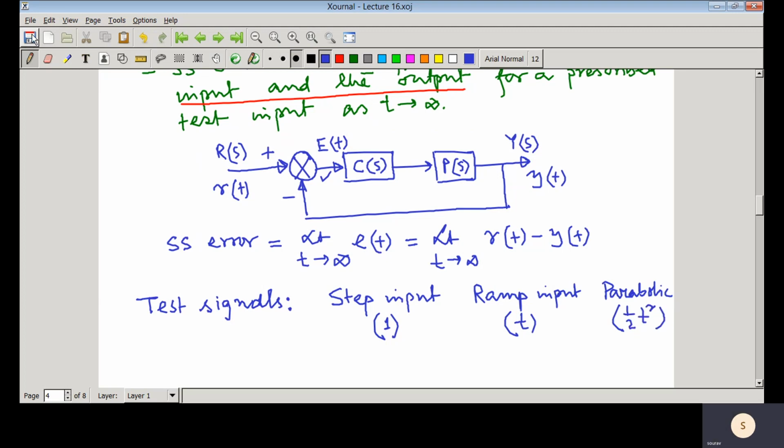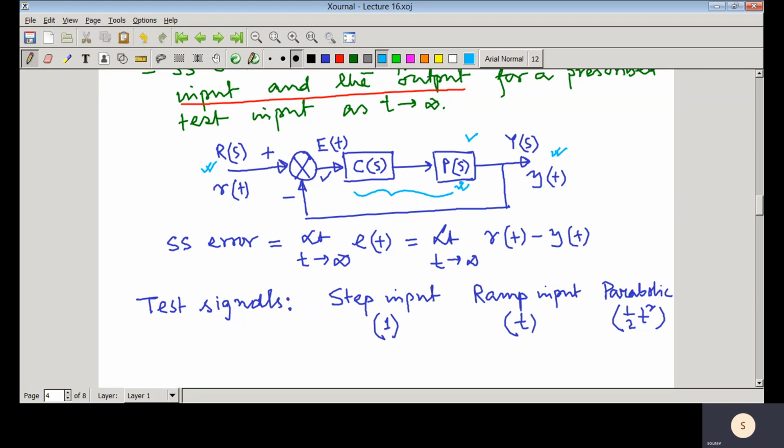So here what we are going to study: whenever we have a closed loop control system and we apply some standard signal like step input, ramp input, or parabolic input, then we will get some output y(t) depending on what plant we have taken. In that case, we will consider the controller and plant in combined form.